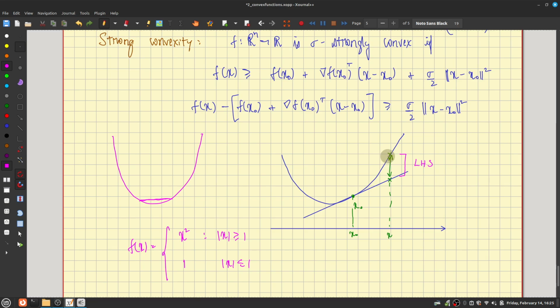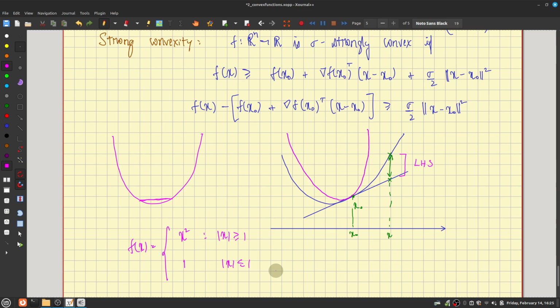So if a function is sigma strongly convex, if sigma is large, then it means that the function is kind of more sharp, right? So in other words, it's steep in some sense. And the larger the value of sigma, the steeper the valley looks. So this would be for one value of sigma. If you have a larger value of sigma, the same function would look potentially something like this.